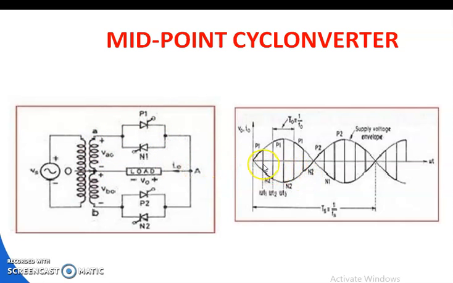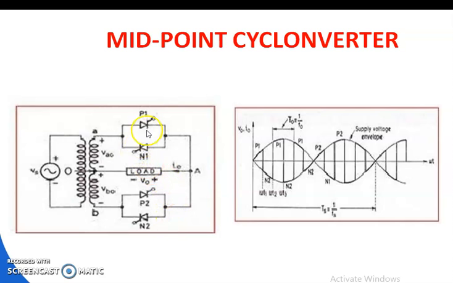Similarly, at the instant omega t1, thyristor P1 commutates and N2 starts conducting. During N2 conduction, the path of the current is the lower half of the secondary winding, then load, then N2, then the lower half of the secondary winding of the transformer. In this way, the current circulates by conducting P1 and N2 one after another.